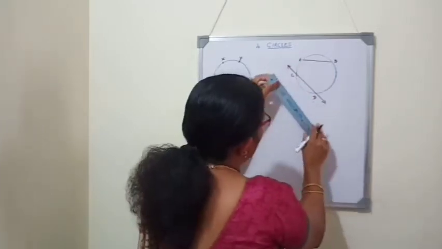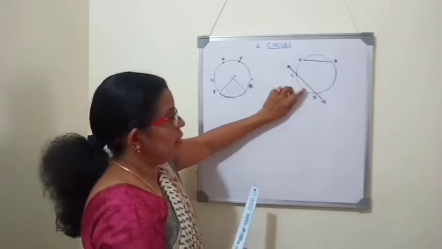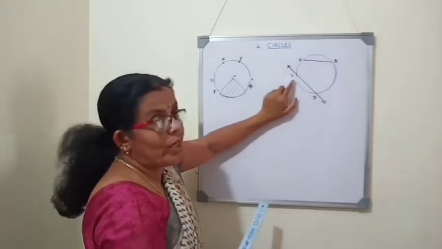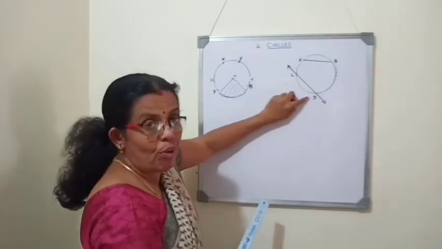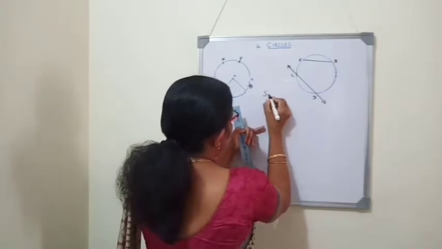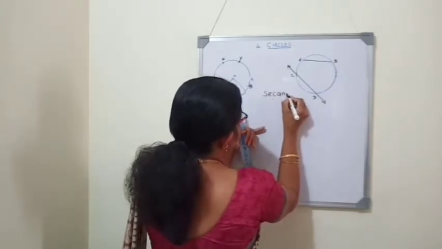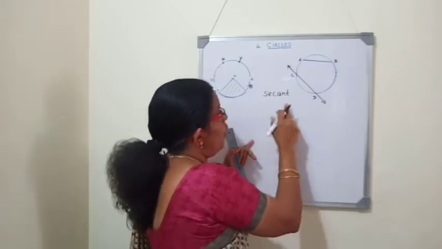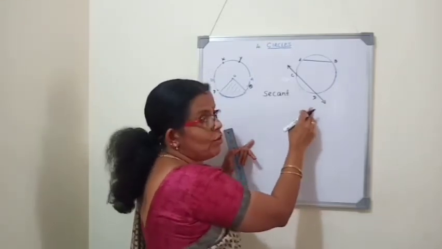This is a straight line which cuts the circle at 2 points. So a straight line which intersects a circle in 2 points is called a secant of a circle. S-E-C-A-N-T. So what is a secant? A secant is a straight line which cuts the circle at 2 points.